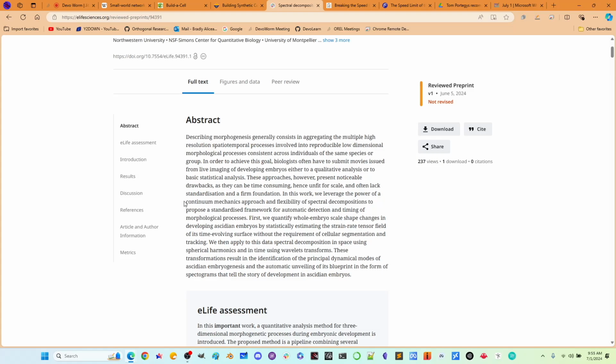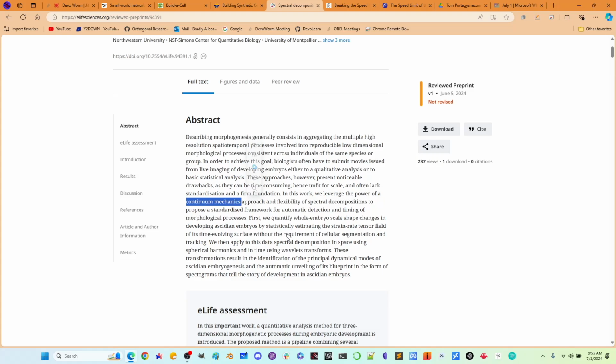So they're looking at a continuum mechanics approach, which means taking the embryo and the changes in the embryo and putting it into this Lagrangian model, which is a continuum mechanics model. So you write a Lagrangian out, and the Lagrangian describes movement in space, and then you can use that type of a model to derive things like we talked about last week.